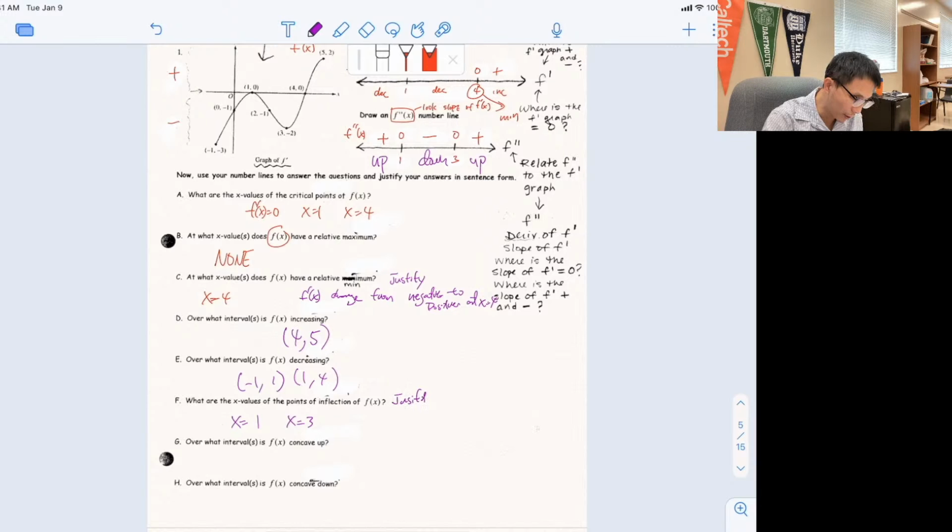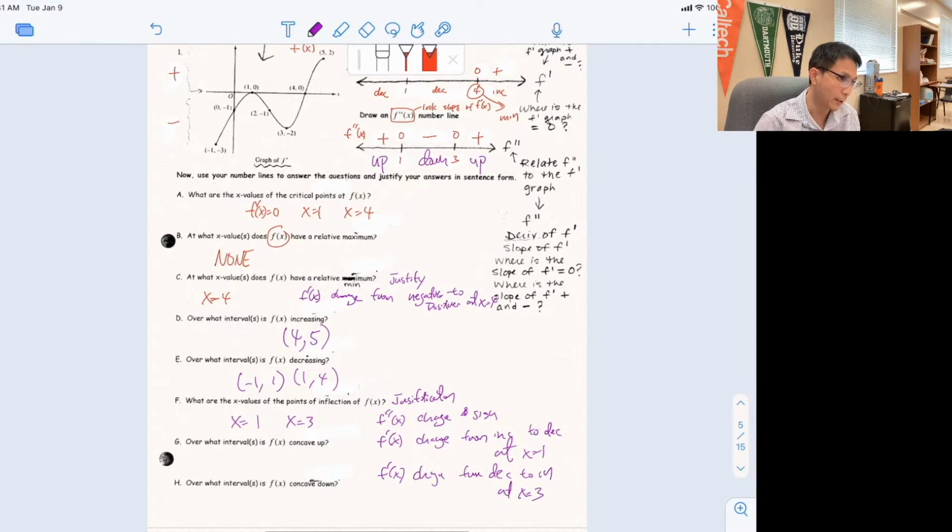On your justification, it's going to be f double prime of x changes sign, or f prime of x changes from increasing to decreasing at x equal to 1, or f double prime of x changes from decreasing to increasing at x equal to 3. So either way, it's a very good explanation. I will probably do it this way. It's easier. Some people wanted to be more specific.